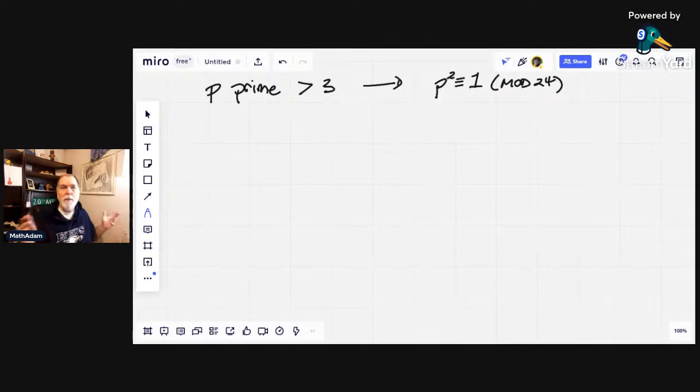Okay. So if P is prime greater than 3, then P squared is congruent to 1 modulo 24. Sorry. So let's rewrite this.